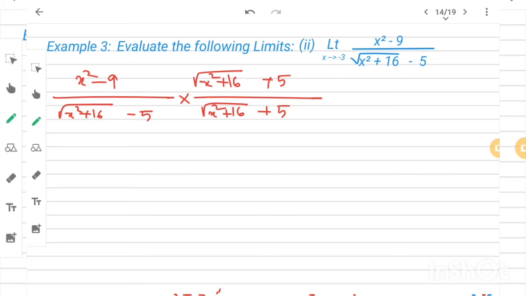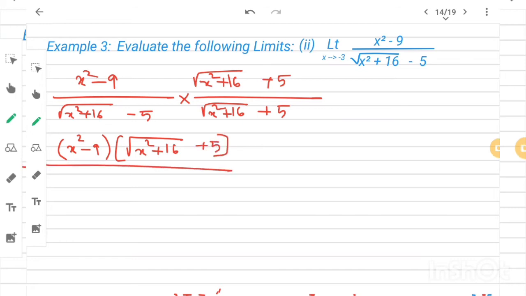In the numerator just the two are multiplied, but in the denominator we have the form a minus b of a plus b. So I'm going to change the denominator, and the numerator as it is. So x square minus 9 of root x square plus 16 plus 5, and in the denominator it will become a square minus b square. So the root will get cancelled, right?